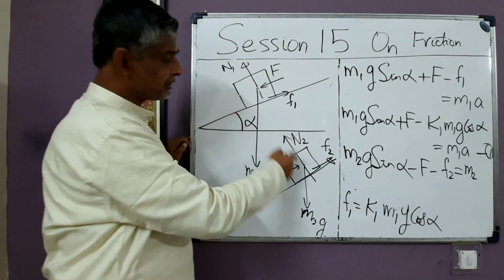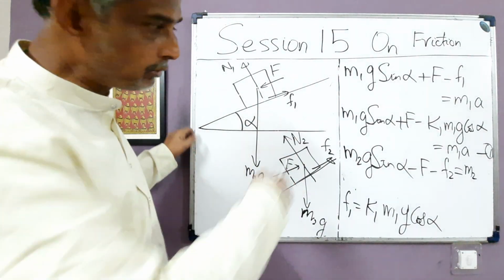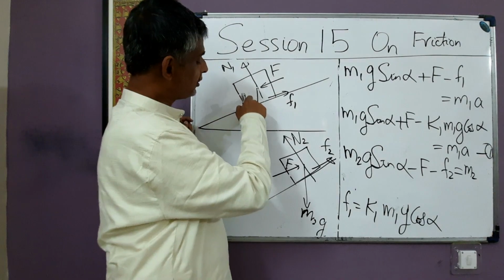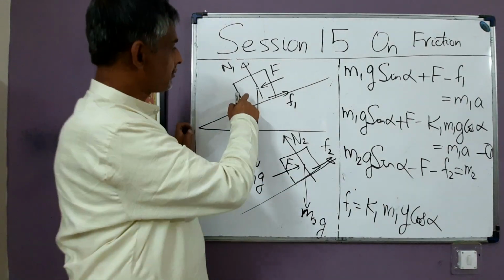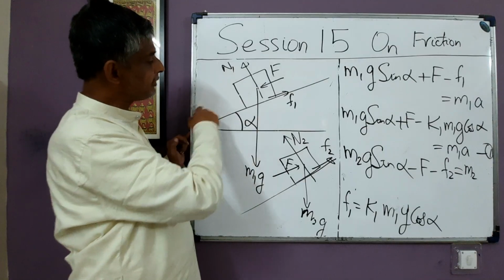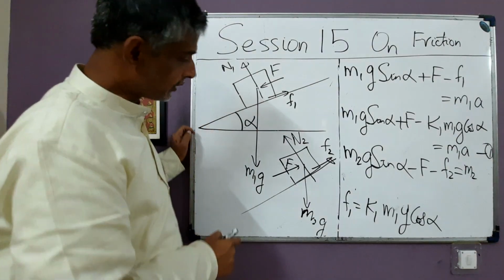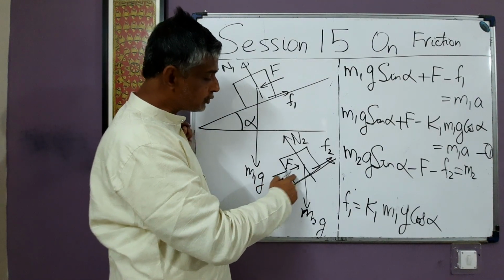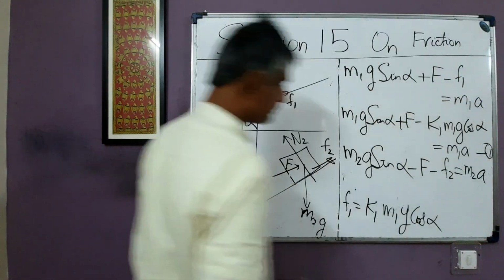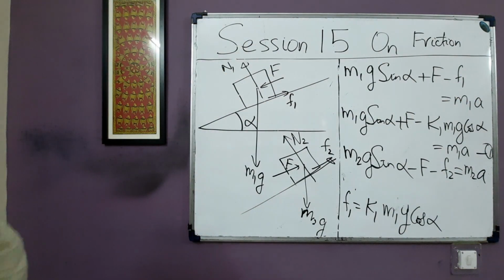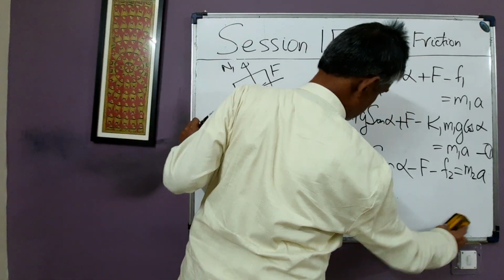But these two bodies are rigid and in mutual contact and moving along a straight line, so the acceleration of the two blocks will be the same in magnitude and direction. The acceleration of the first block has been assumed to be a down the inclined plane, so the acceleration of this block with respect to ground is also a down the inclined plane. So here we write m2 times a.